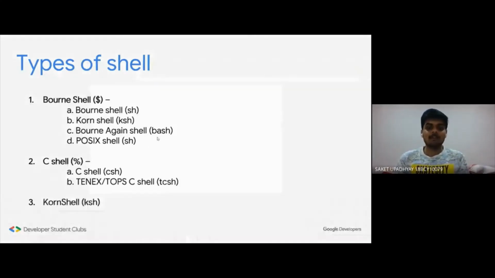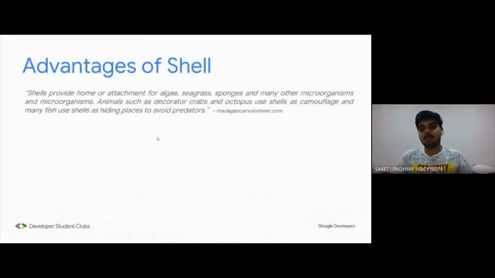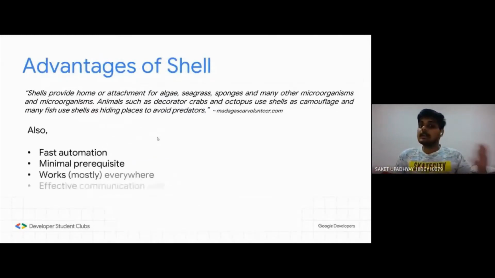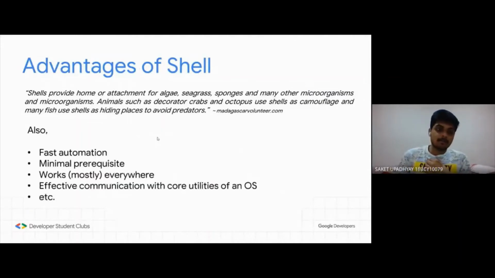Then we have the advantages of shell. Apart from the biological advantages of shells for octopuses and fishes, for us we also have advantages like fast automation and minimal prerequisites. That means the shell does not need many baseline utilities to work.